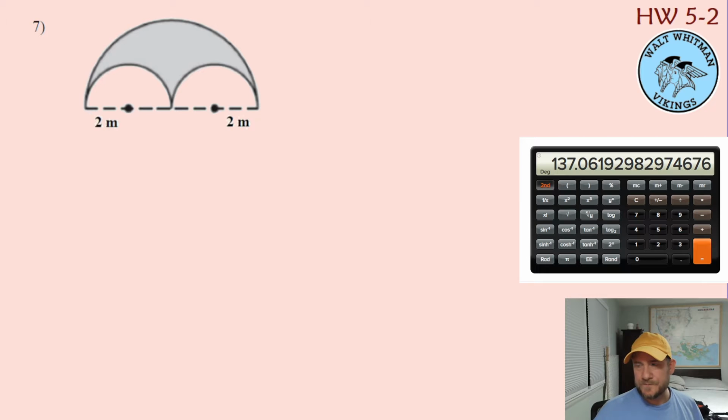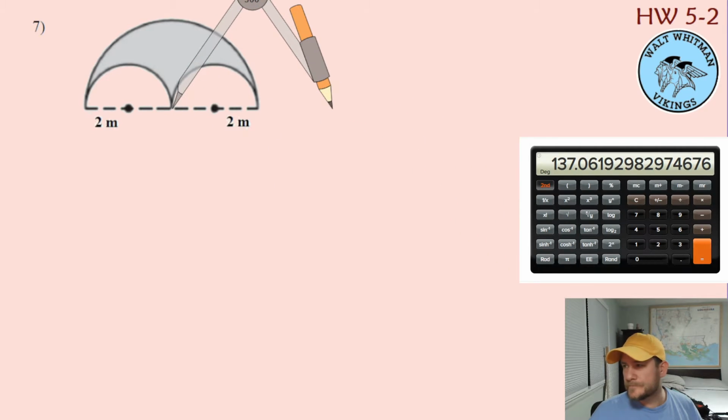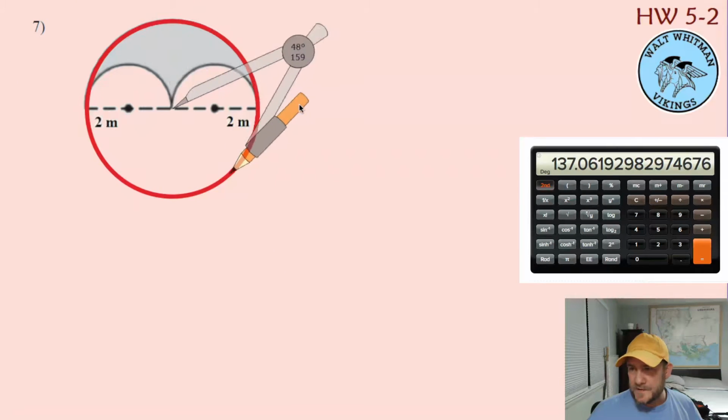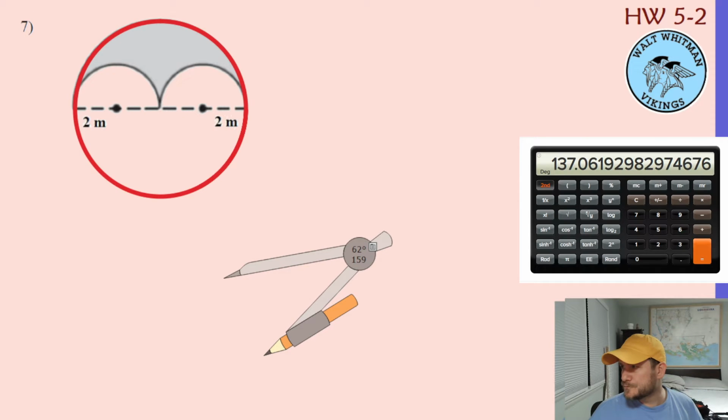All right, so 7. For 7, let me get back my little compass guy. And again, to do this problem, we're pretty much obviously going to think about a whole entire circle and then just chop that in half to get the semicircle. So right here, we'll take just that top half.